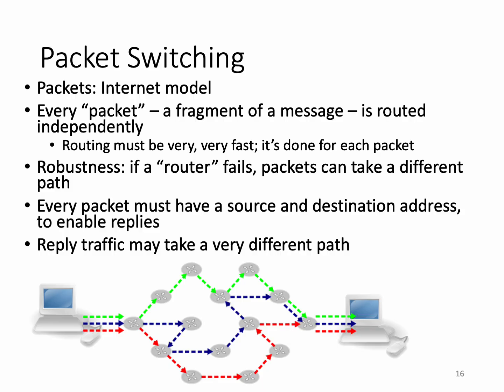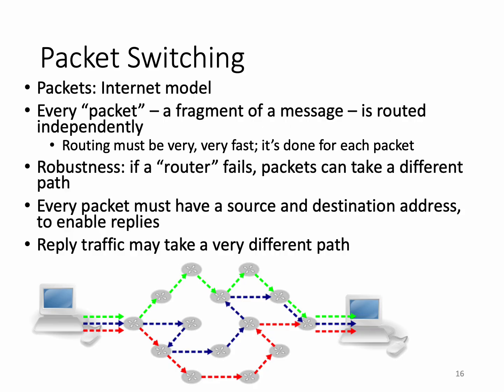Now, I mentioned earlier that the internet sends things via packets, and those routers along the way are pretty low level. They're not really making decisions, but they are forwarding these packets, which are just fragments of messages. They are very, very fast. Each packet is going to be sent along a particular direction very quickly. We also have this concept of robustness.